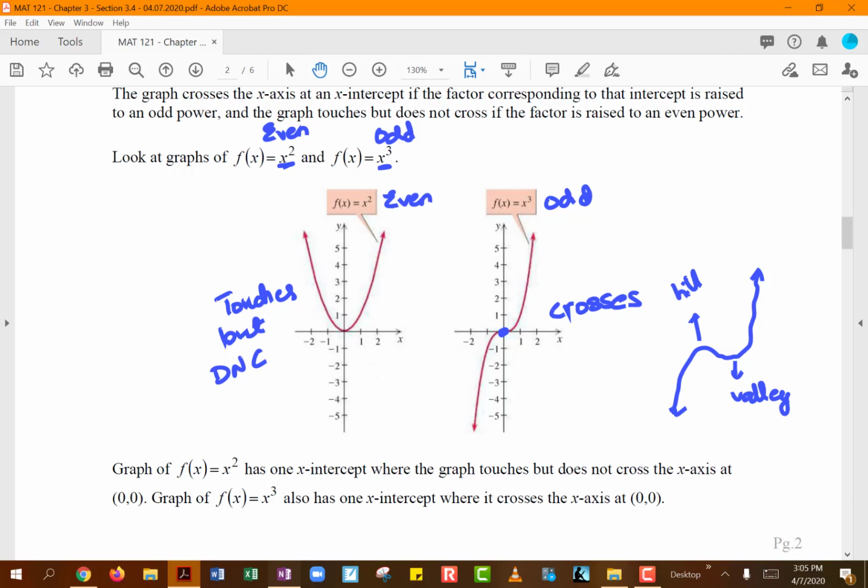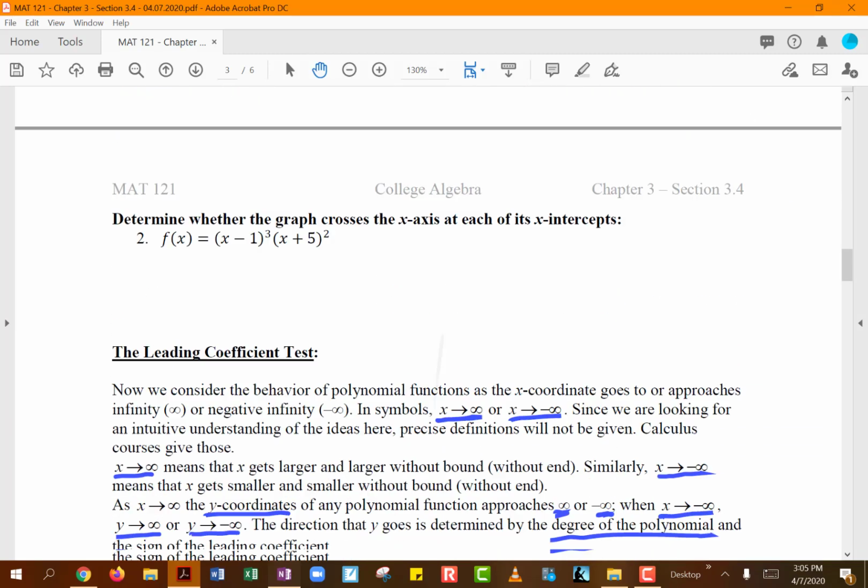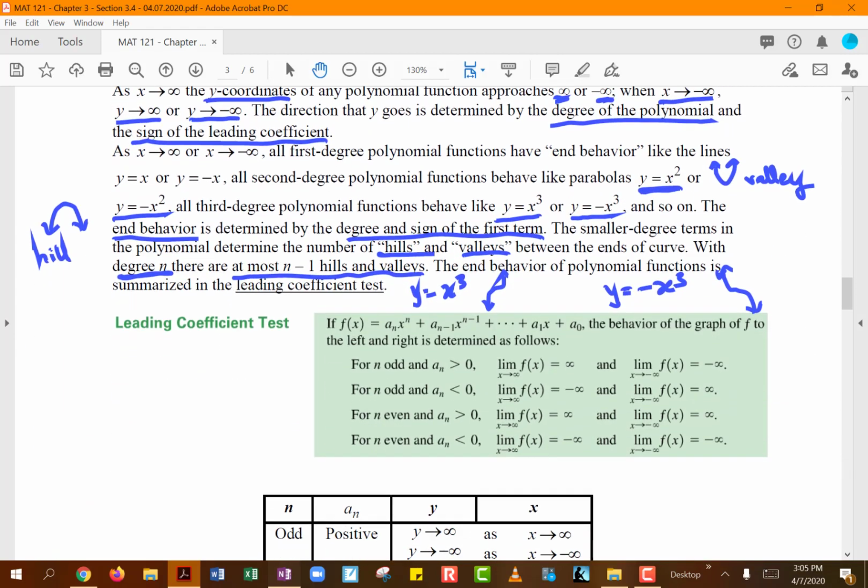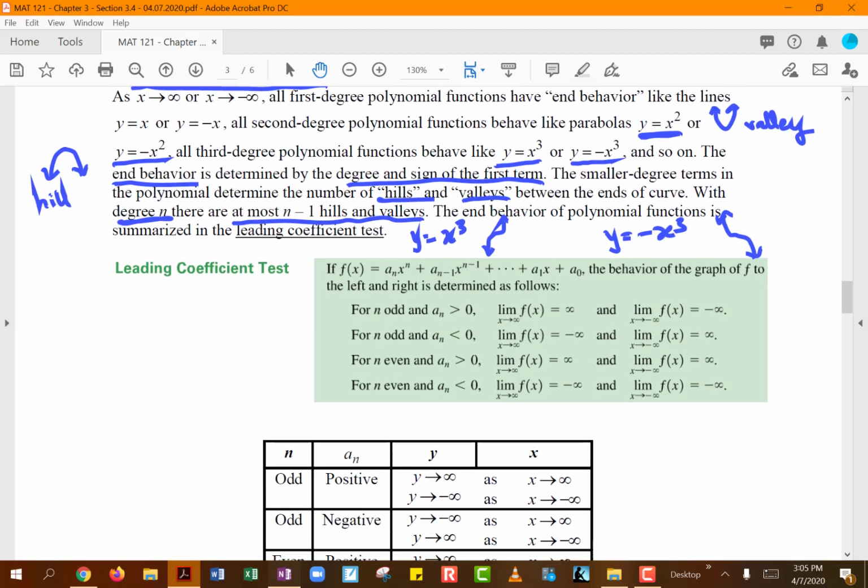So that's going to be your 2 hills and valleys. That's what that statement is talking about. Okay, so now let's take a look at what exactly the leading coefficient test tells us. This is where we're using the limit notation, which is what you normally see in calculus.